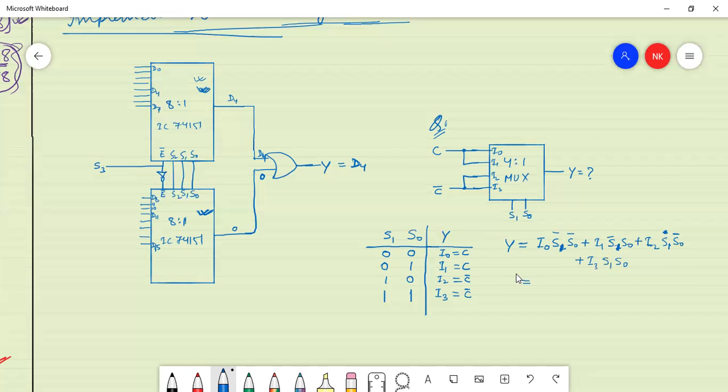Based upon this, when S0 and S1 are 0, 0, what value do we get? Here we get C. For the second case, again we have C. For the third case, we have C bar.